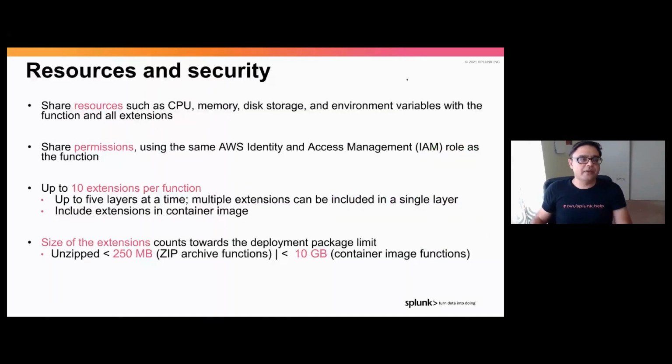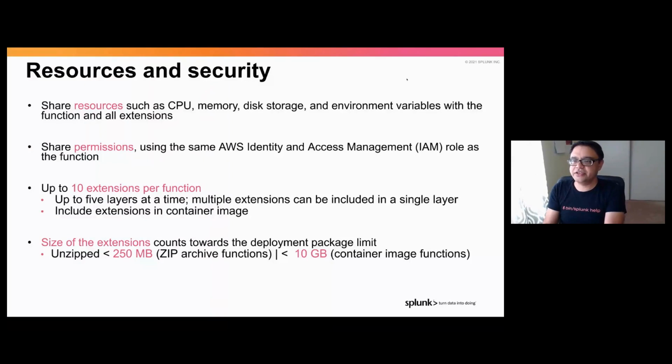So let's talk about resources and security. This extension that I'm talking about, the Splunk extension for AWS Lambda, what are the implications of running Lambda extensions? As extensions run in the same execution environment as the Lambda functions, they will share resources with functions such as CPU, memory, and temp disk storage. Extensions also need to be compatible with the associated operating system.